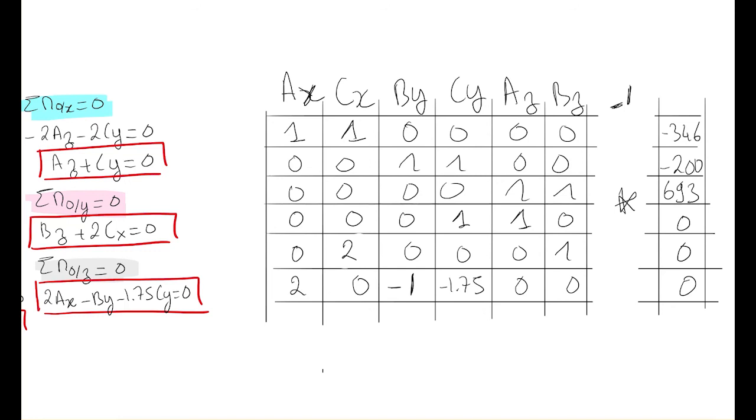After that you write in the 6 by 1 matrix your vertical matrix: minus 346, minus 200, 693. You call your matrix, so probably matrix E, minus 1 times F. Cross my fingers.